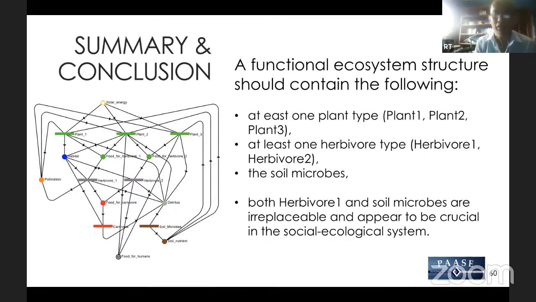One is establishing connectivity, and the second is establishing the importance of the various components of the ecosystem based on how essential they are by virtue of their connectivity to other components. So this was the objective. We have not gotten to the point of looking at the flows and the magnitudes of these flows. That is, of course, the next step in the work.